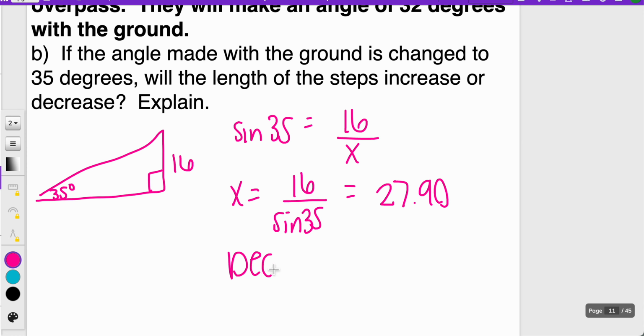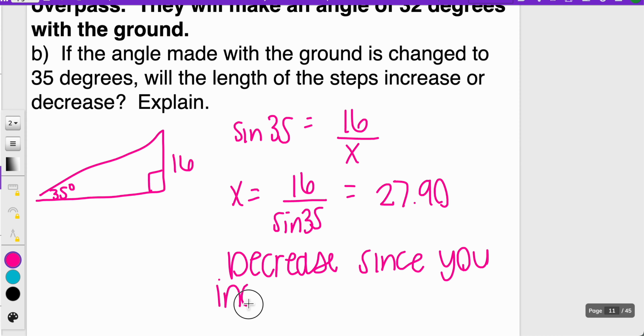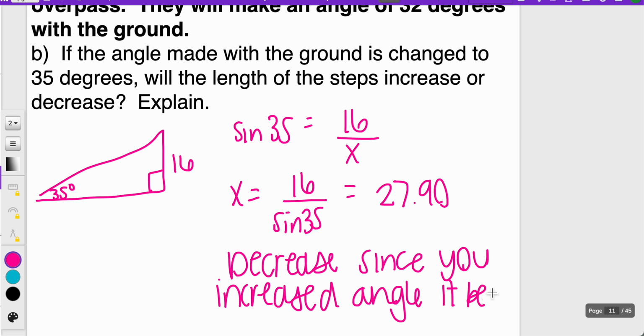So this is a decrease since you increased your angle. It became steeper. So less steps needed.